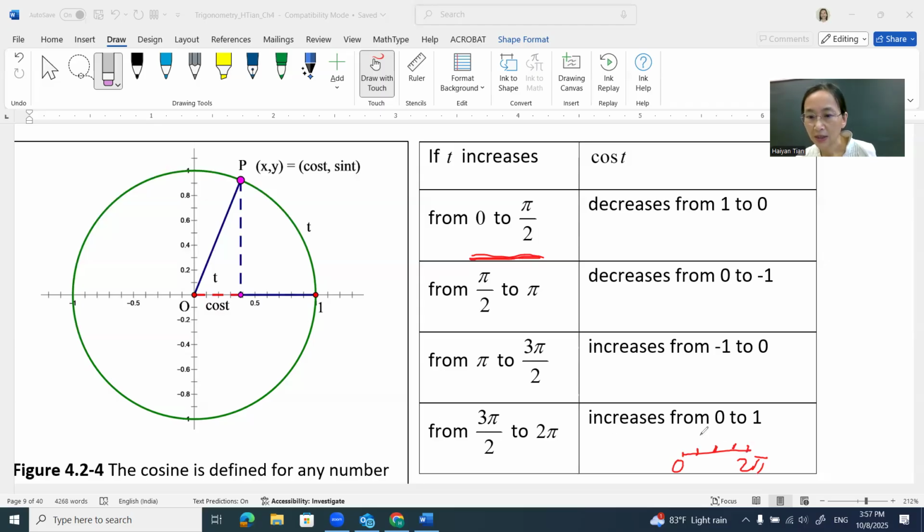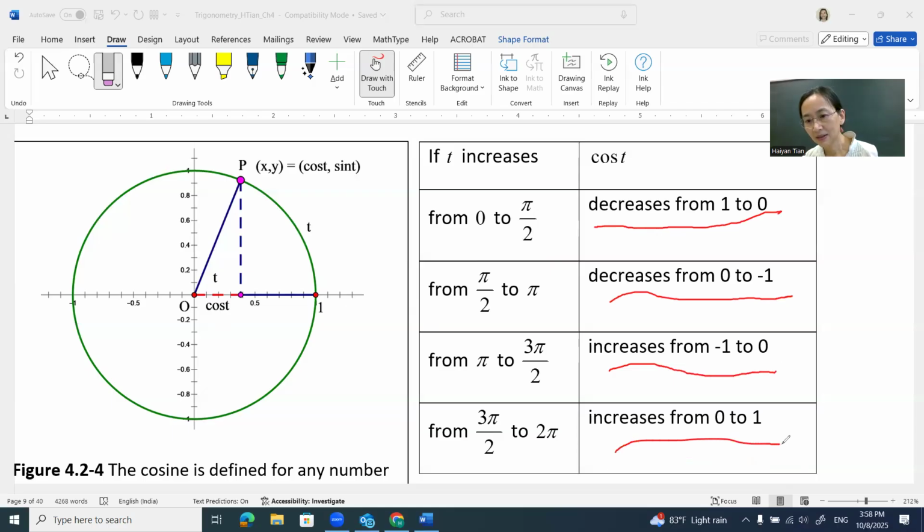So then we will see on each portion of the entire interval from 0 to 2 pi, we will get a picture. That means first it decreases, and then it continues to decrease, and starts to increase, and continues to increase. So that's the behavior.